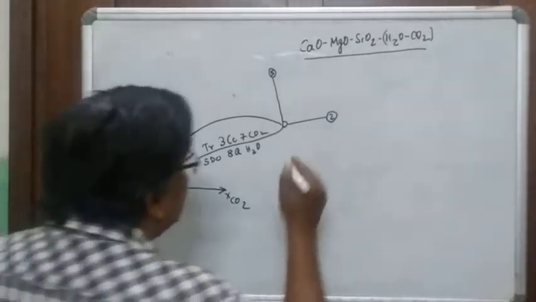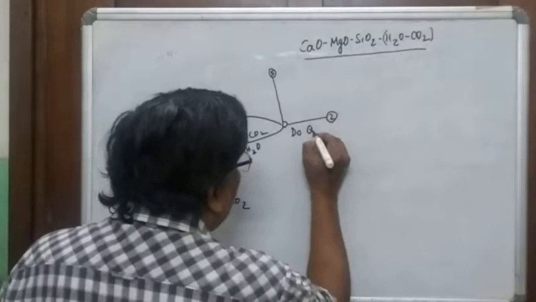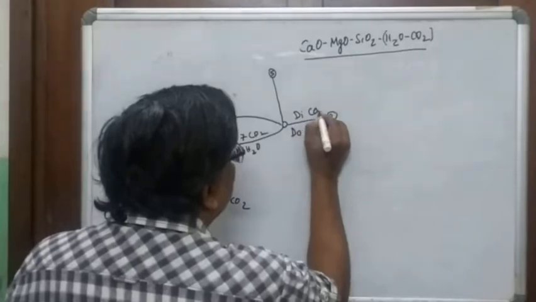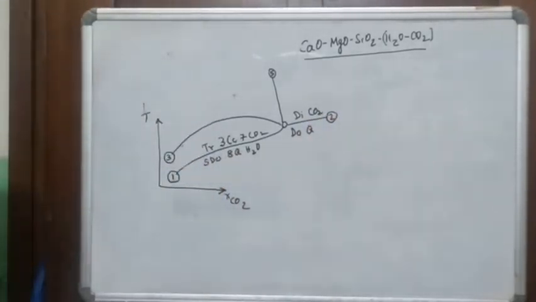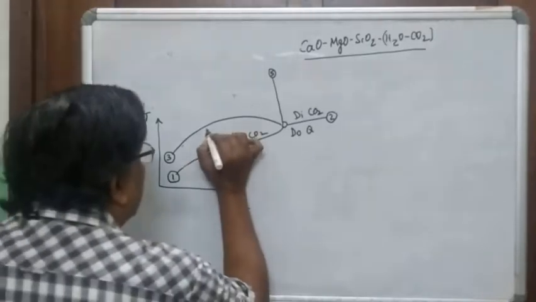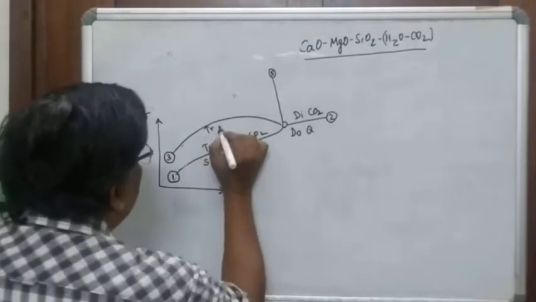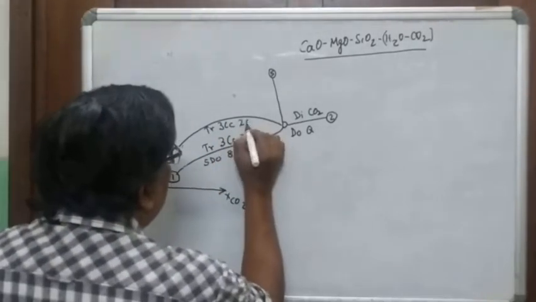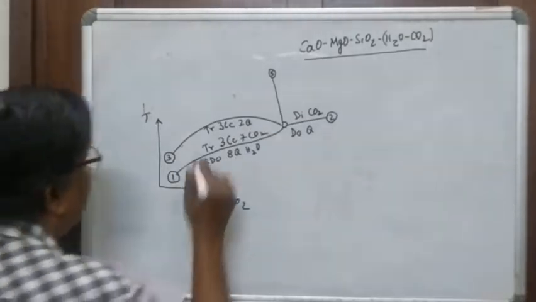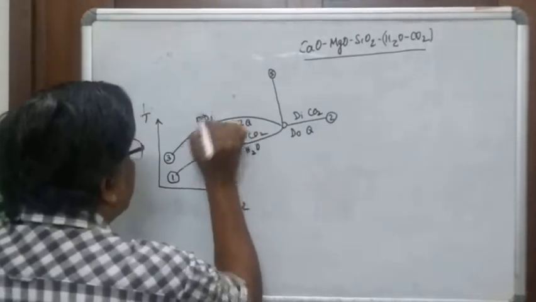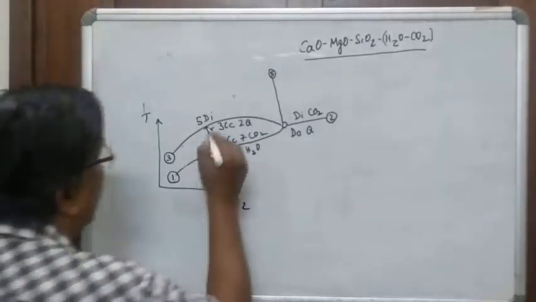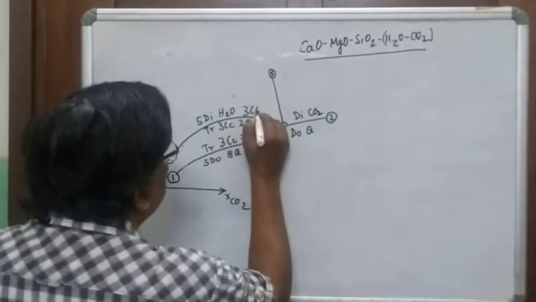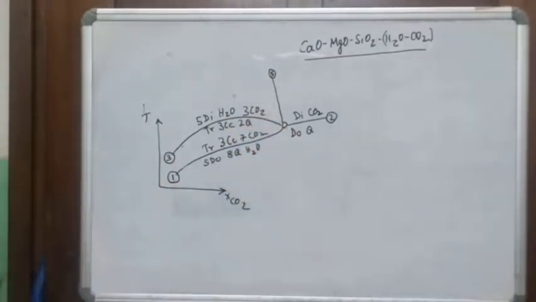And for 2 it was dolomite, quartz, diopside, CO2. And this reaction above here, which is 3, tremolite, 3 calcite, 2 quartz, 5 diopside, H2O, and 3 CO2. This is how the reaction was.